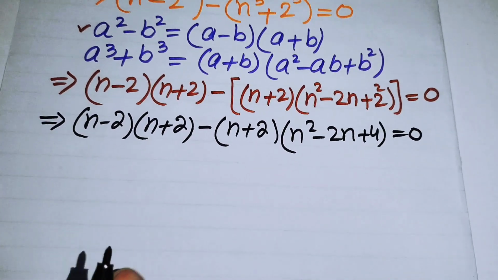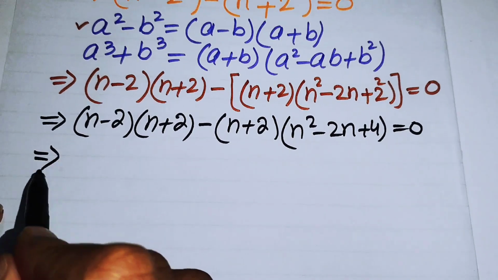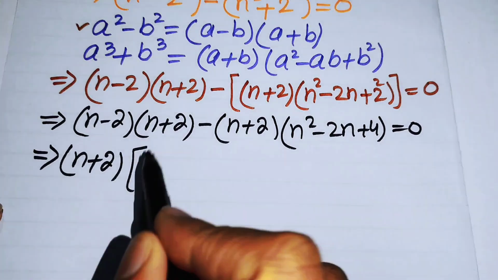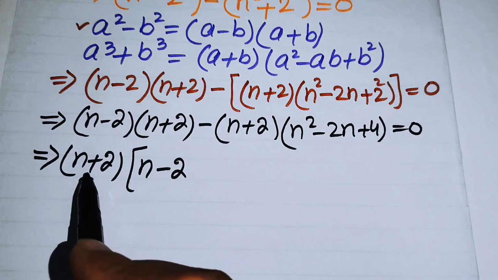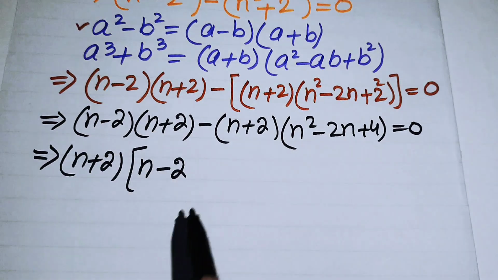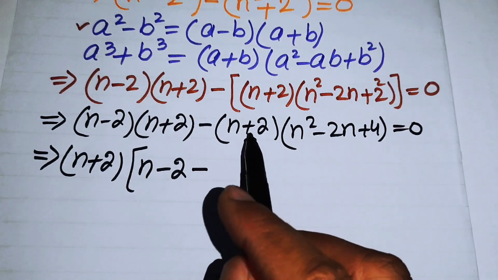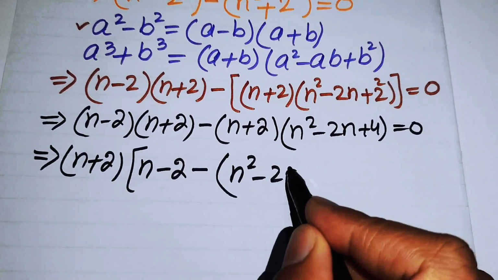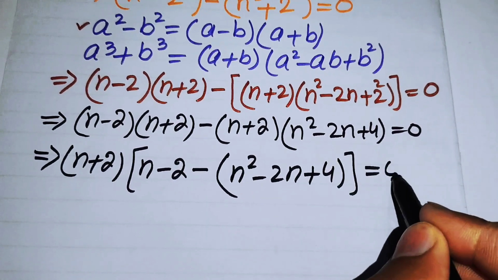Now you focus on both of the terms and you see that n plus 2 is the common term, so we take common n plus 2 and we get n minus 2, and minus n squared minus 2n plus 4, equals 0.